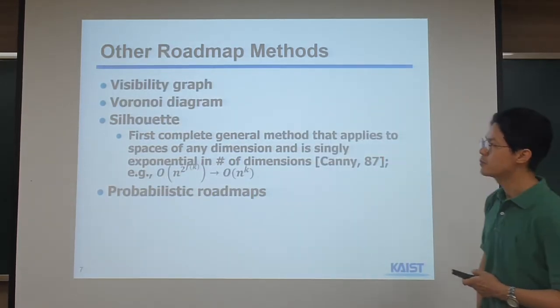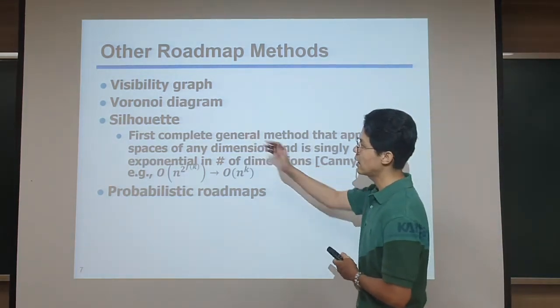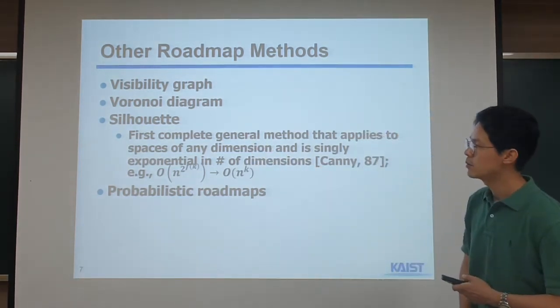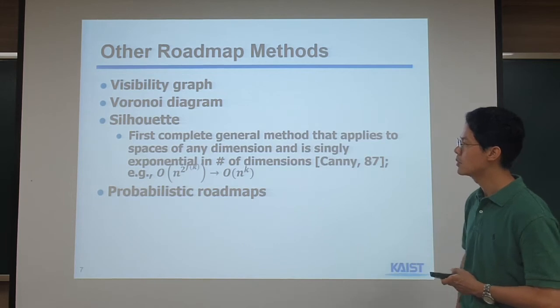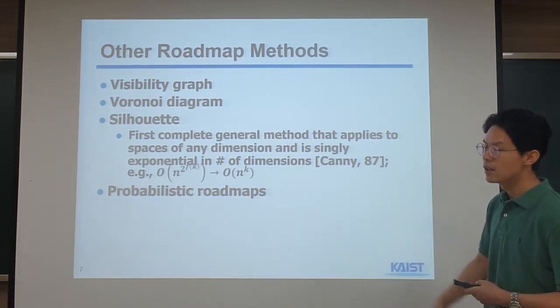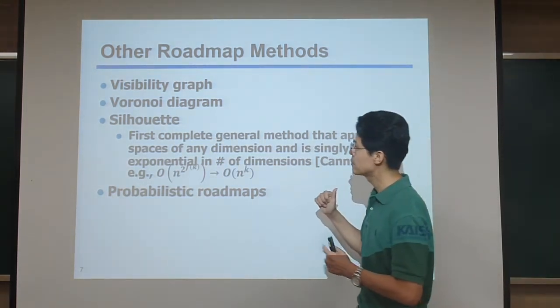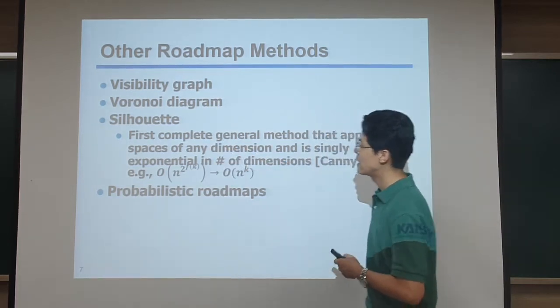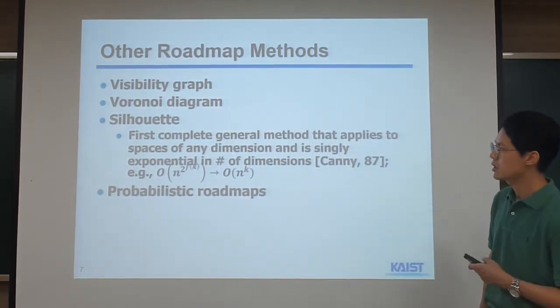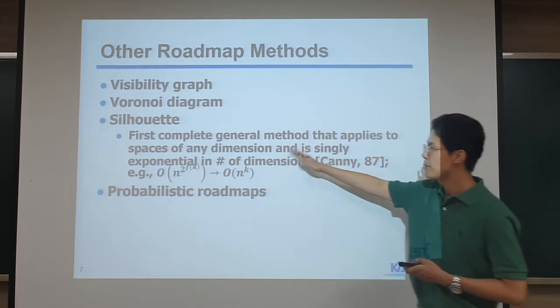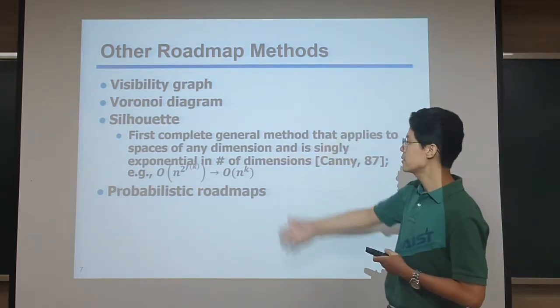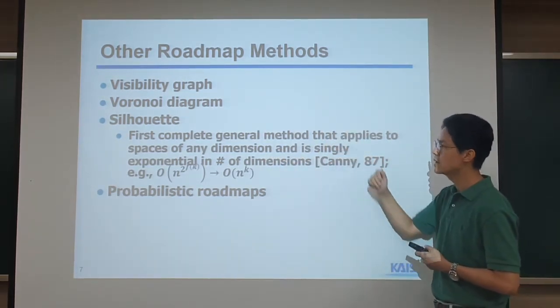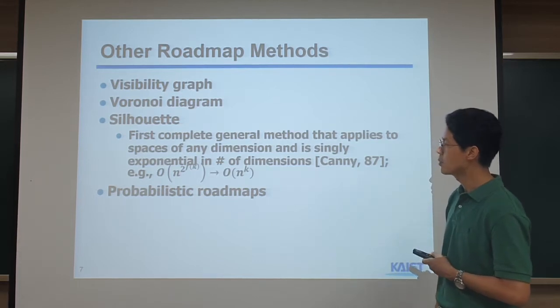Another technique is the silhouette technique. I'd like to briefly touch on the silhouette. This is one of the first complete general motion planning techniques. Later on, I'll define the meaning of complete. This is one of the first complete general techniques that applies to C space of any dimension, and it is singly exponential in terms of the number of dimensions.